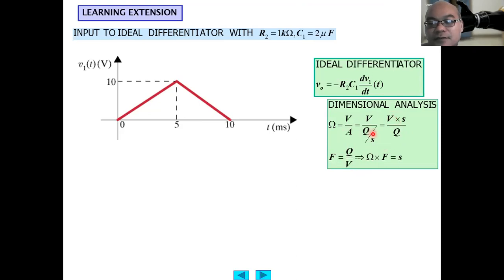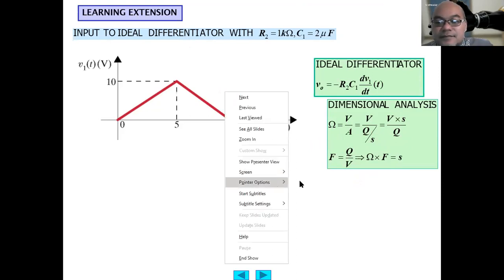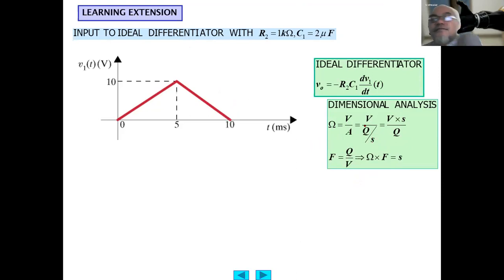If we reverse, ohm times farad becomes volt times second over Q, times Q over volt.